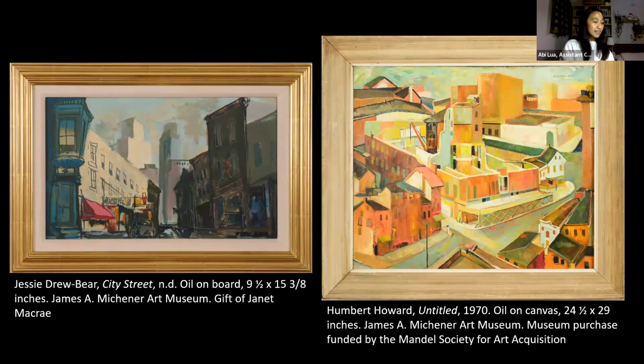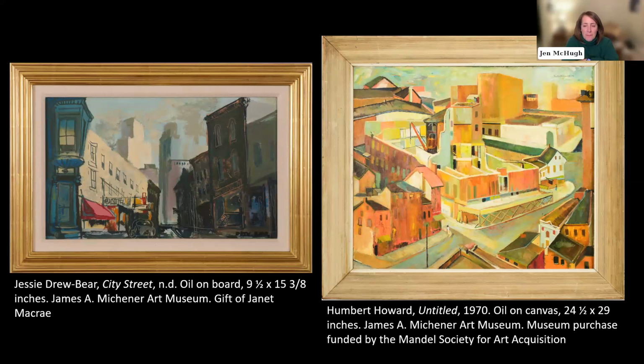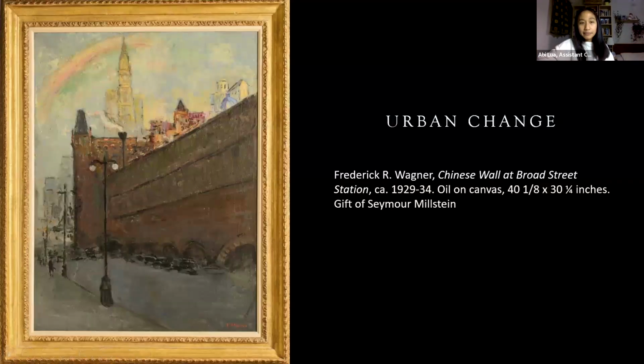I think the research on Frederick Wagner's painting was really interesting to me. And I'll go back to that painting. I just had no idea about this city history. And I had no idea that there was this whole other Broad Street station.